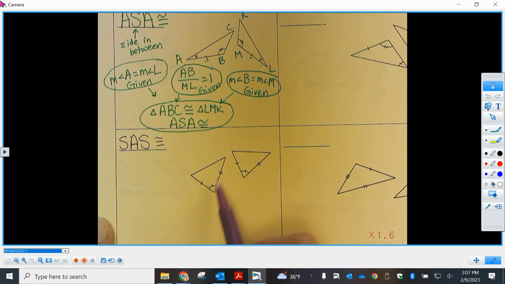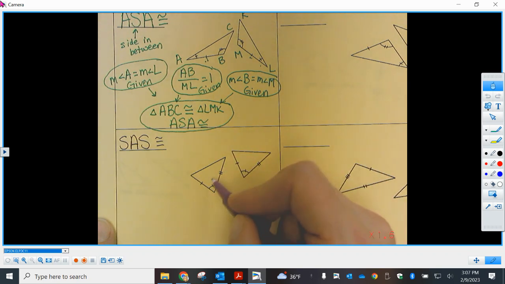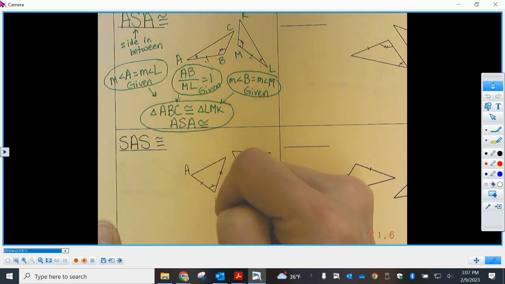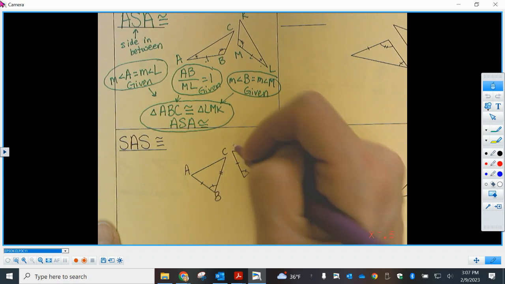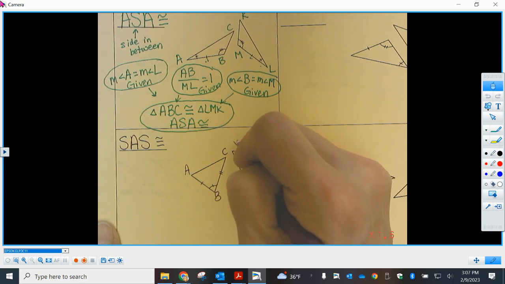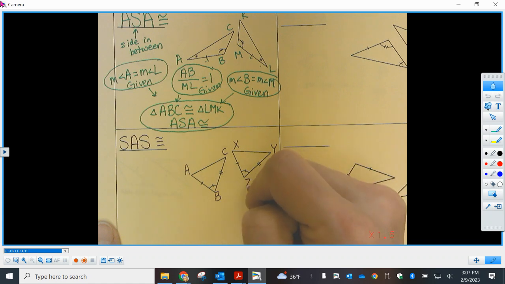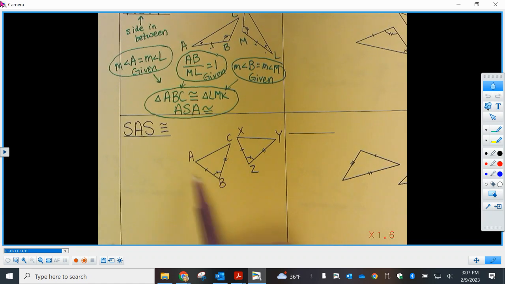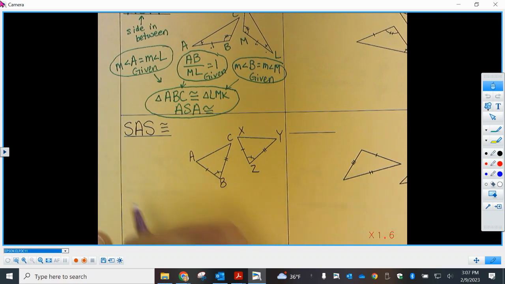So again, I can see that these things are labeled. We just proved this to be true. So again, I'm going to call it A, B, C, and X, Y, Z here. So we're going to write a proof of this to show this to be true.